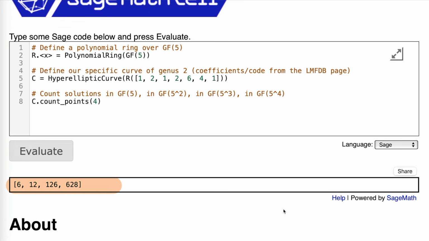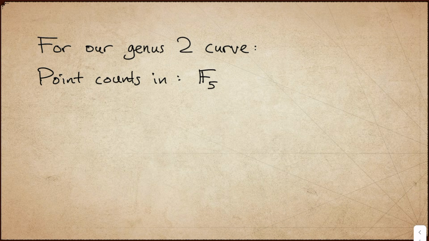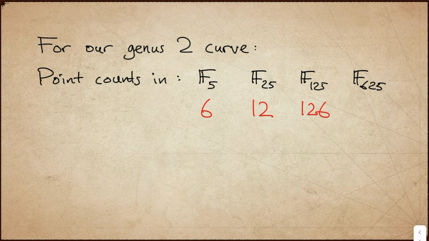In Sage, we find these solution counts for the finite fields F_5, F_25, F_125, and so on. And the solution counts happen to be 6, 12, 126, 628, and so on.